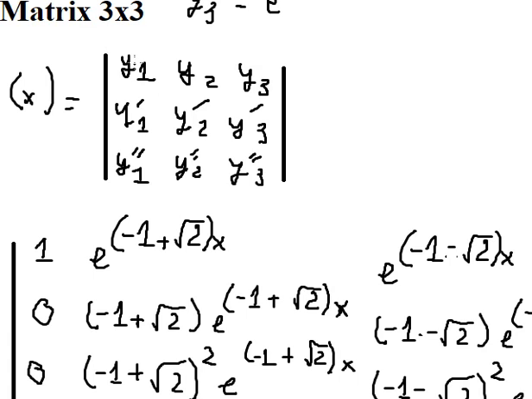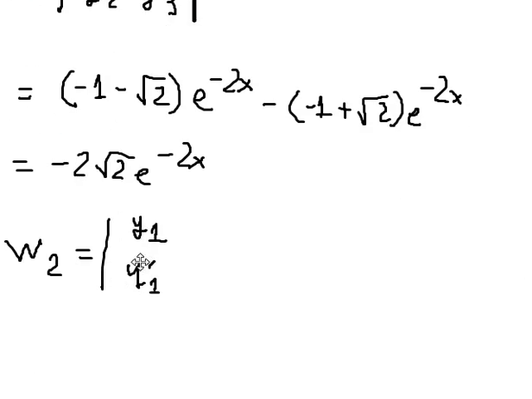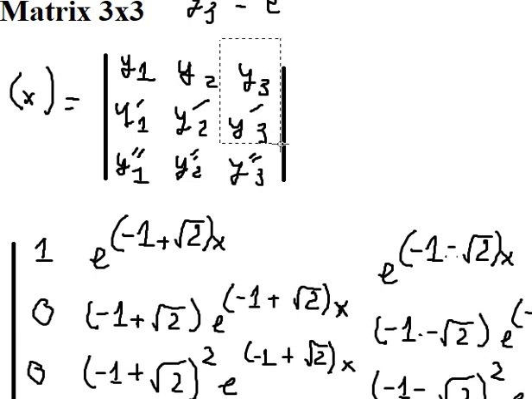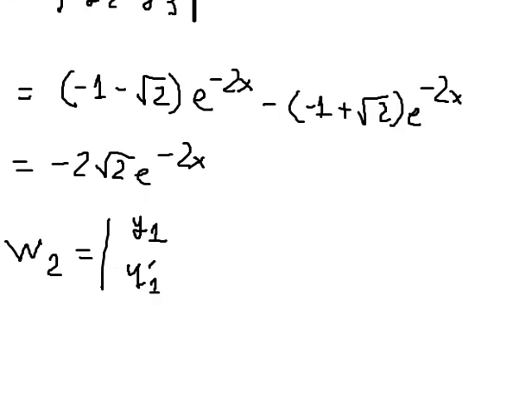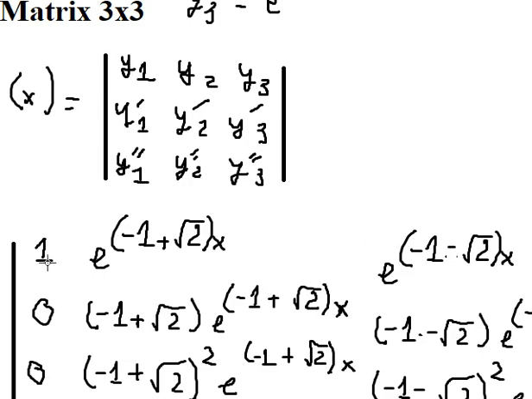Now let's go to Wronskian number 2. That should combine this one and this one. So for y1 we have number 1 multiplied by the first derivative of y3, and this one with y3 we have number 0, they cancel.